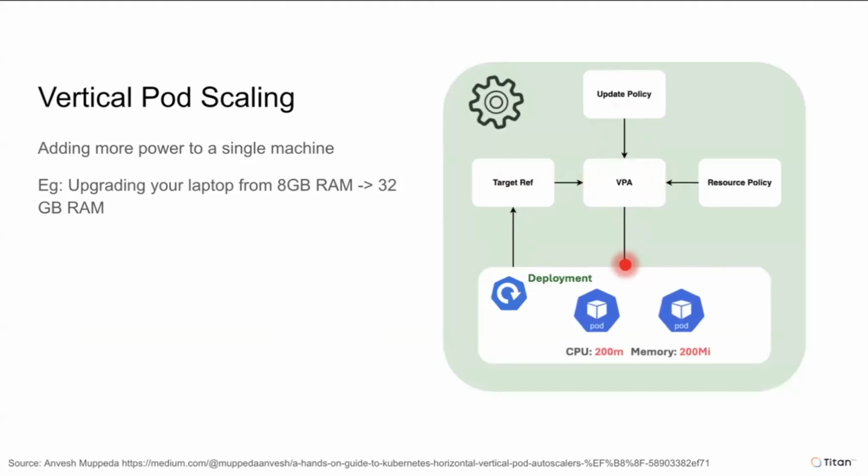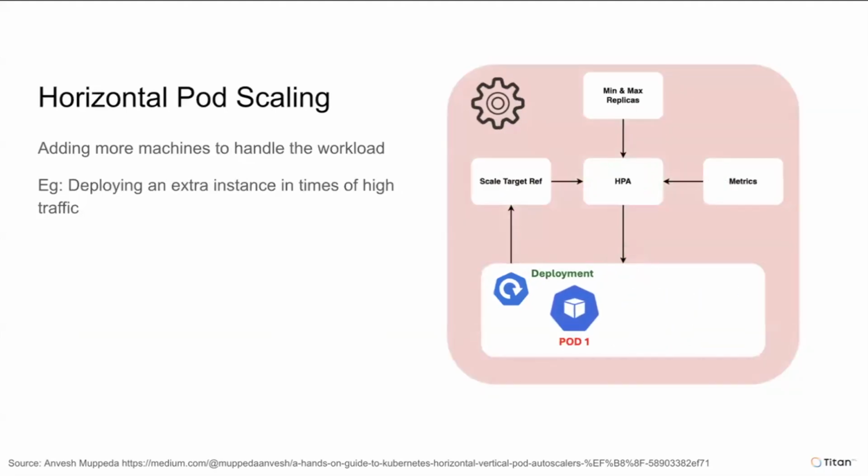That's kind of a way you can think about vertical pod scaling. Horizontal pod scaling is more like if I build more kitchens. So I have my workload deployed on a GPU somewhere, or a CPU in this case. And during times of high traffic, I either add more nodes, I add more instances, or I take away instances. And this is the kind of scaling that's relevant for this conversation.